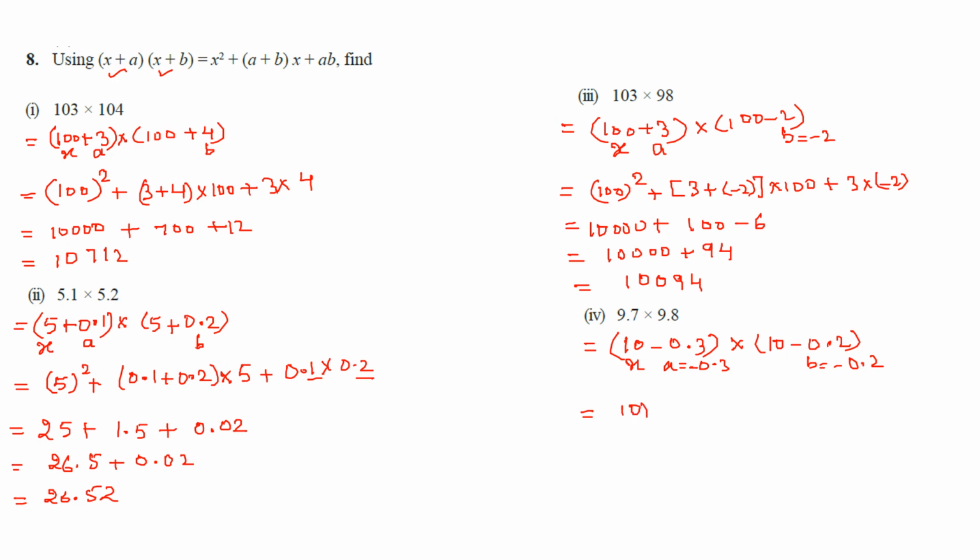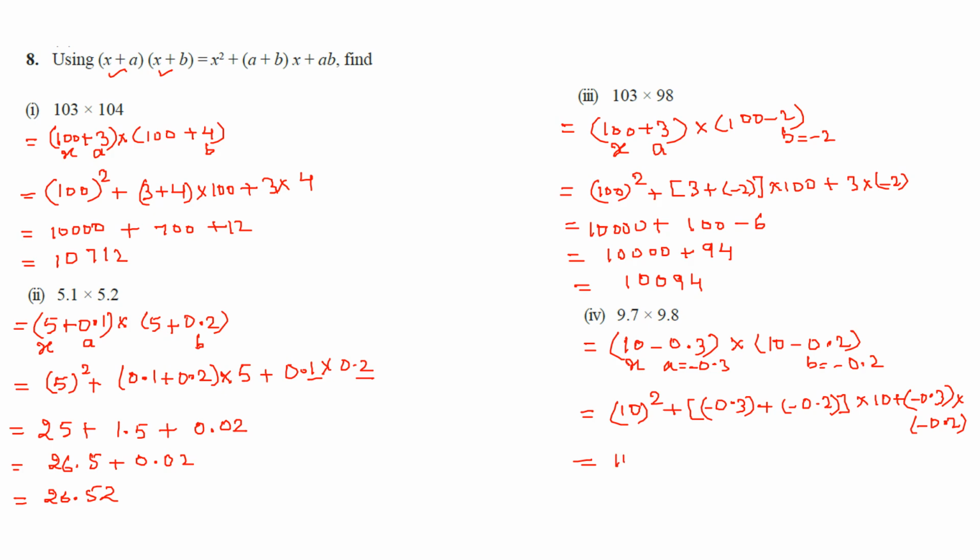Now I am using the identity. x² plus (a + b), which means −0.3 + (−0.2), times x, which is 10, plus (−0.3) into (−0.2).